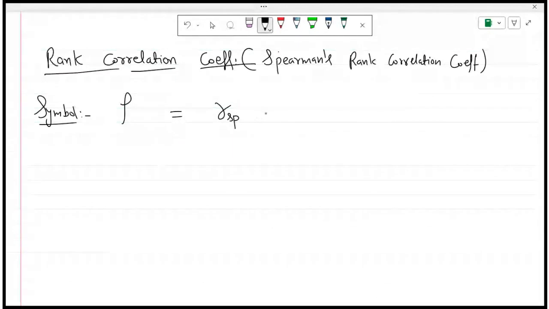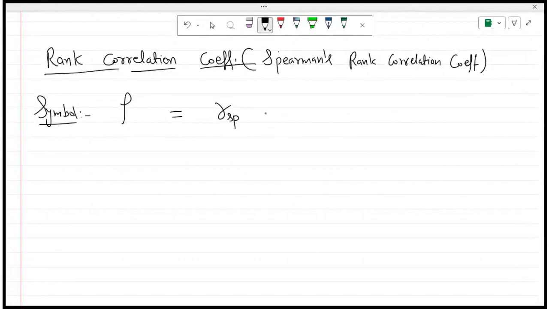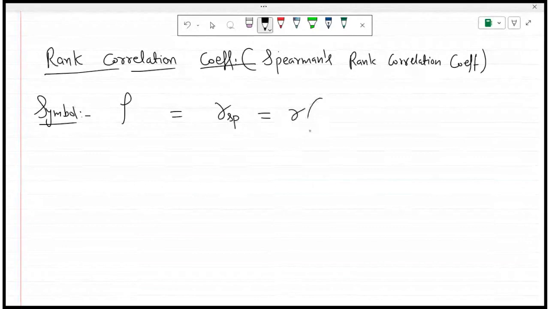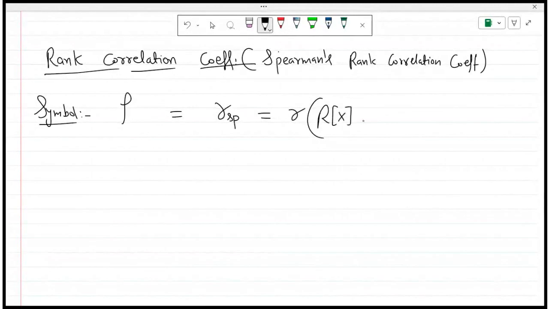Now, what is this rank correlation coefficient? Okay. So it is nothing but same as correlation coefficient. It is same as correlation coefficient, but correlation coefficient between ranks of X and ranks of Y. Okay.